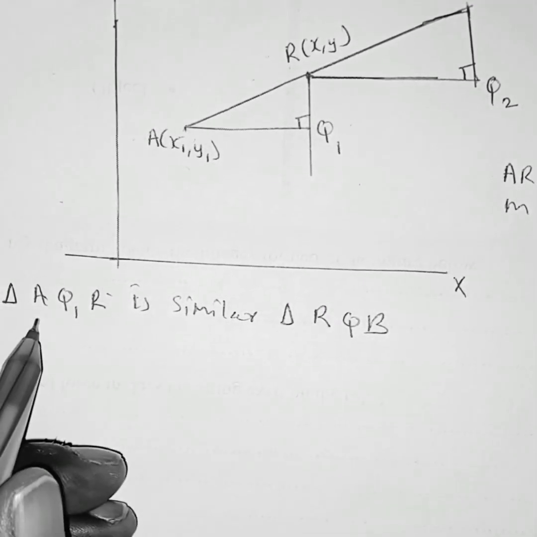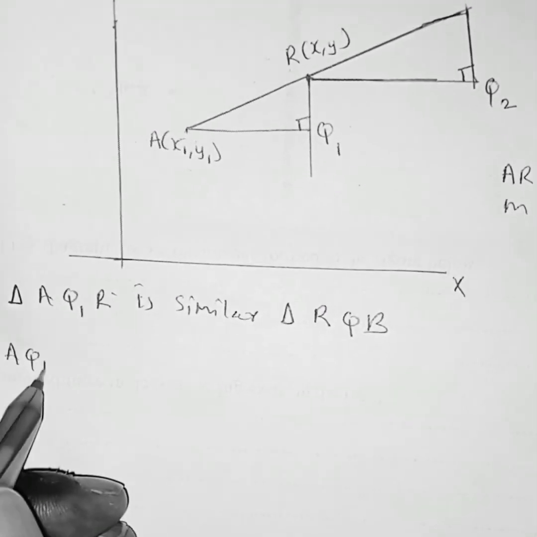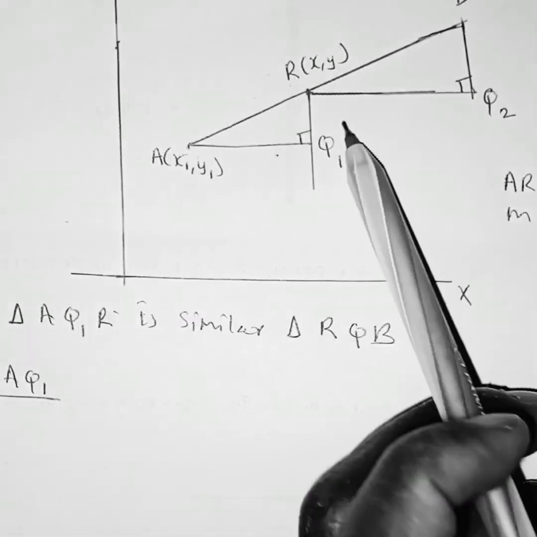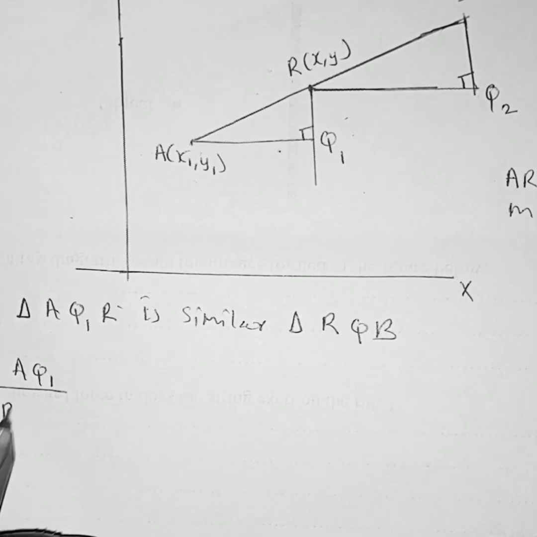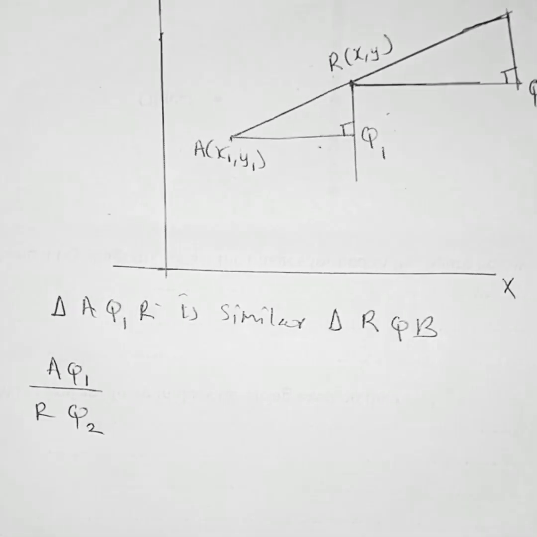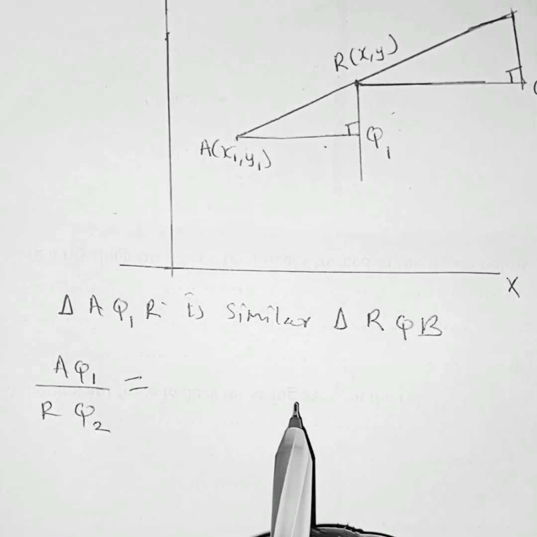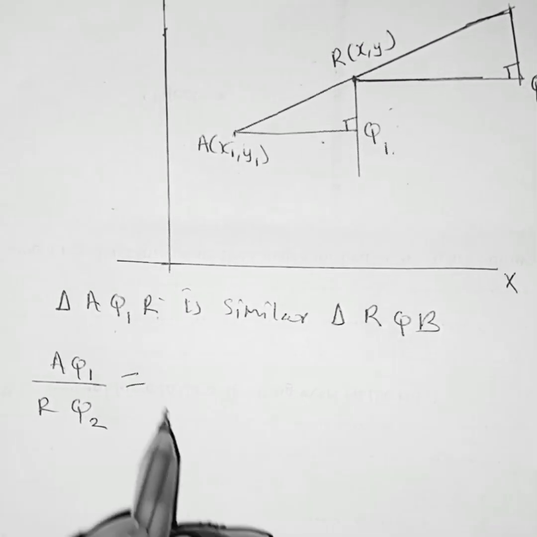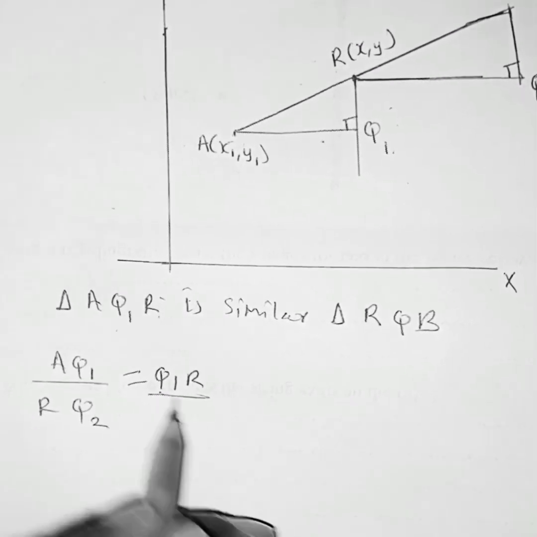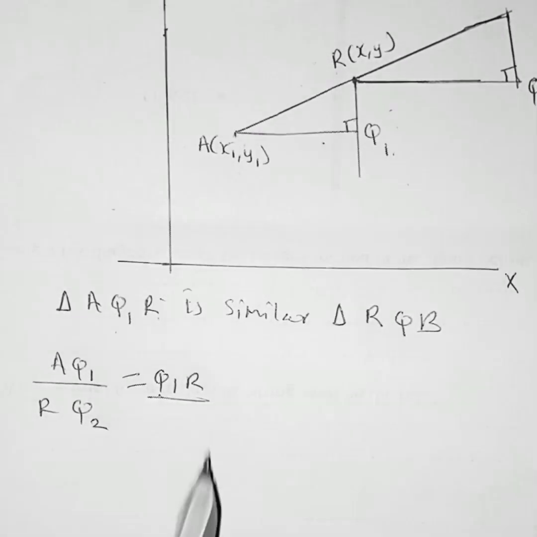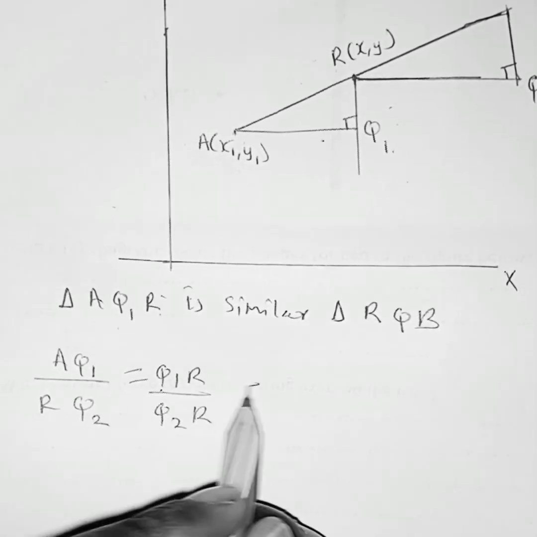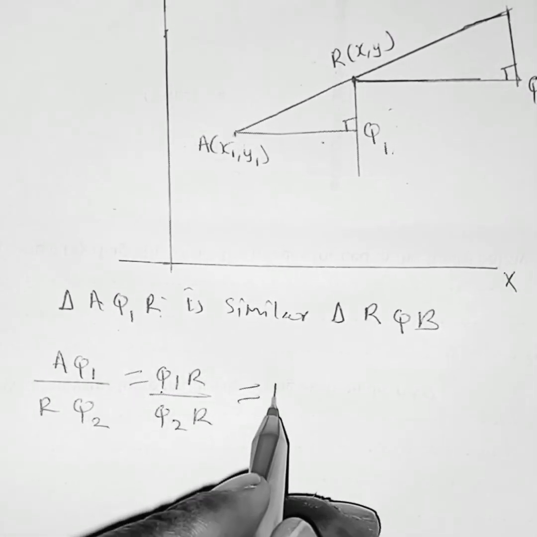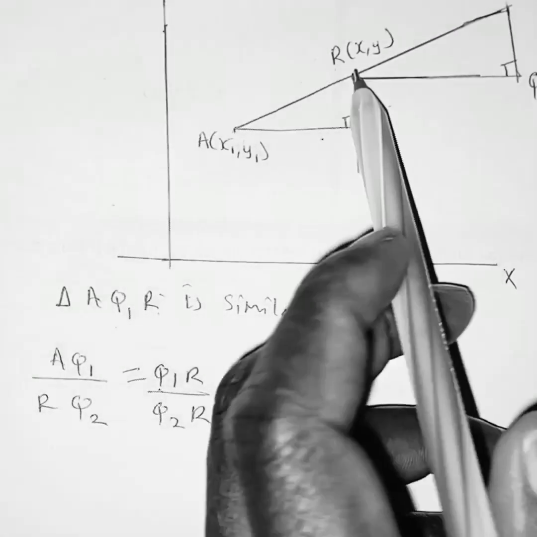So we can compare side AQ1, the base of this triangle, with the base of this other triangle, side RQ2, which will be equal to Q1R divided by the height of the other triangle, Q2R, which is equal to this other side, AR over RB.